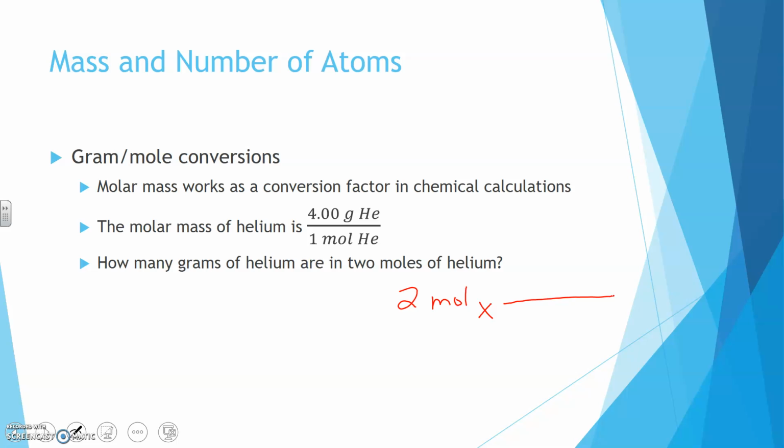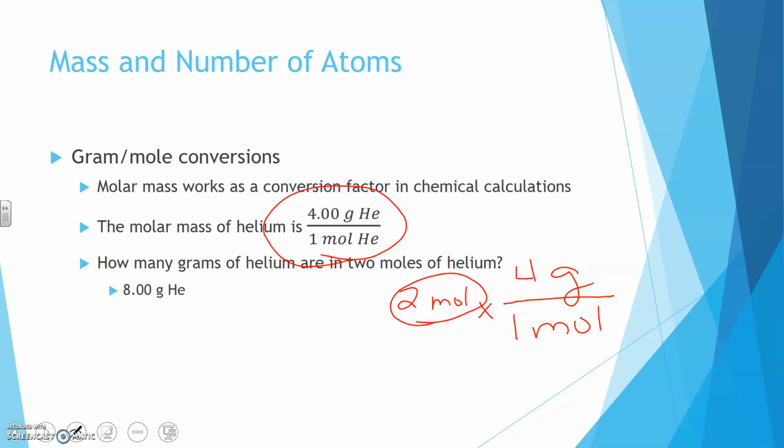So you've got moles on top here, and then you need moles on the bottom. So using your conversion factor here, you have 1 mole on the bottom, and you have 4 grams on top. So how many grams of helium are in 2 moles? It's just 2 times 4, and then divide by 1. So it's 8 grams. Relatively simple.